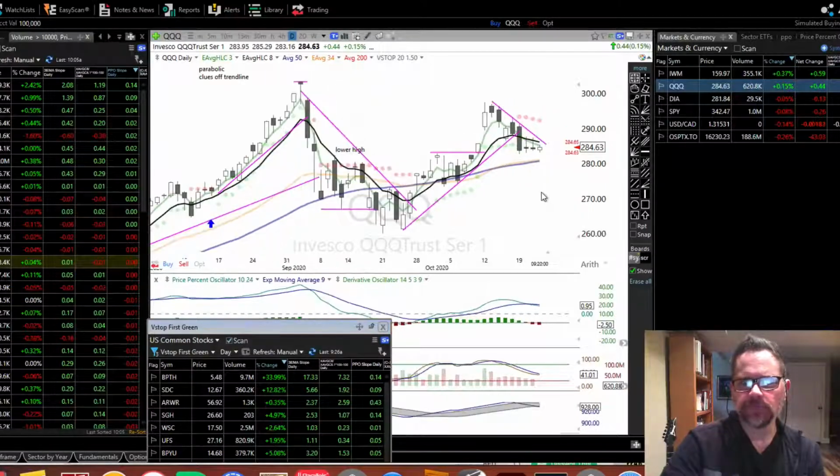NASDAQ, these are all kind of similar. It's a local downtrend, a recent downtrend here. This is sort of a negative pattern, a reversal. Basically like an evening star pattern, where you have an up candle, a doji type or small candle, and then a down candle that comes down halfway.